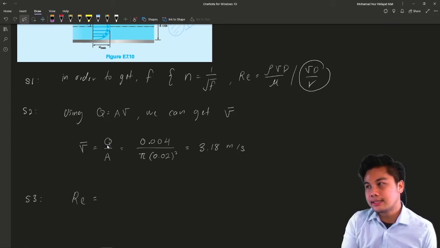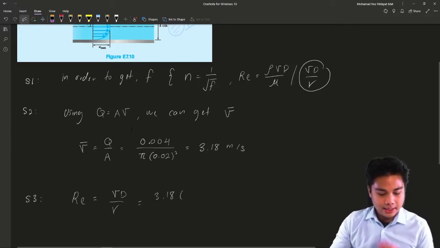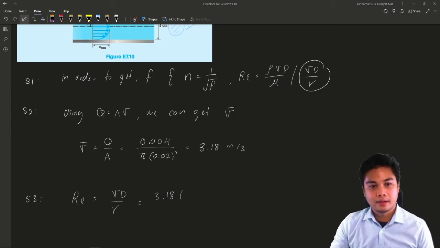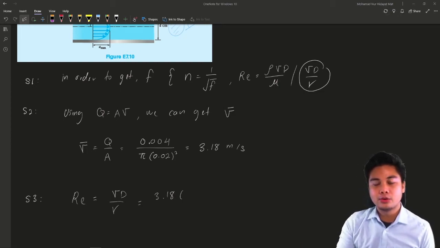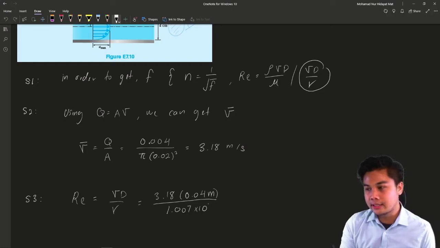Once you get the average velocity, step number 3, you can get the Reynolds number. Reynolds number is V d over nu, which is the average velocity 3.18 multiplied by the diameter, 40 millimeter converted to SI unit, 0.04 meter, over the kinematic viscosity, 1.007 multiplied by 10 to the power of negative 6.